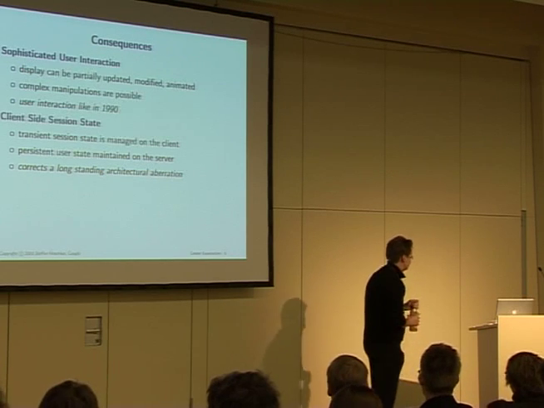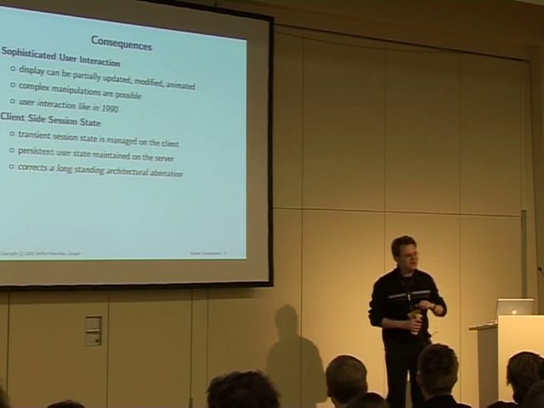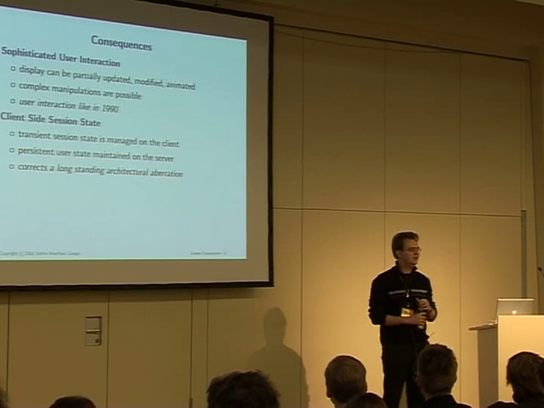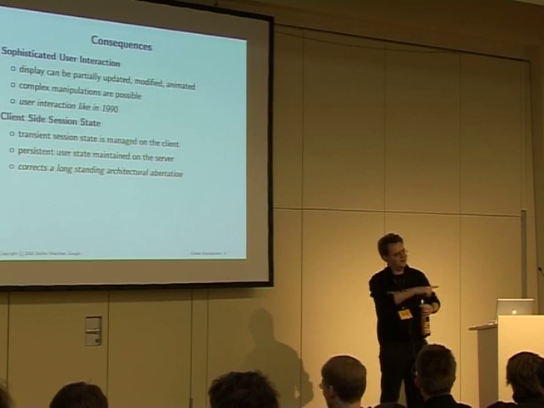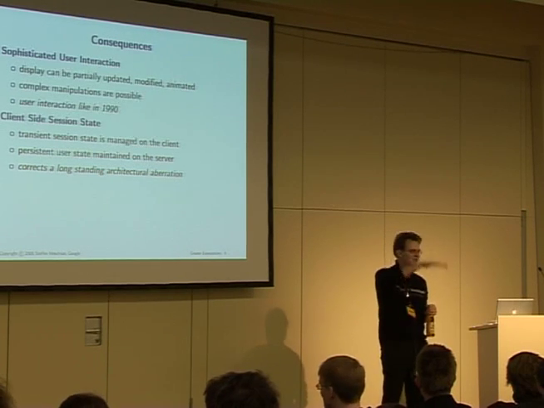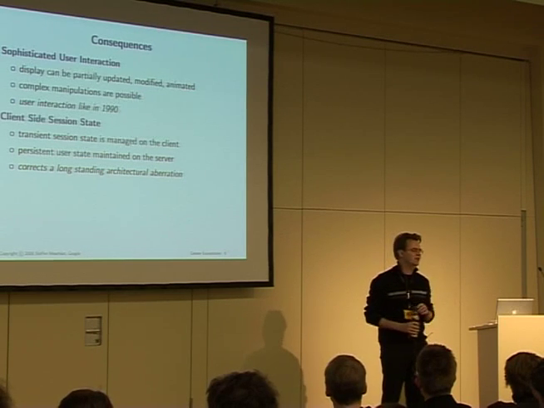Now the point is, for Ajax-based web applications, you can accumulate this interaction state that is so tedious to transfer back and forth along a long session or a long sequence of request-response pairs. You can accumulate all this interaction state on the client side.